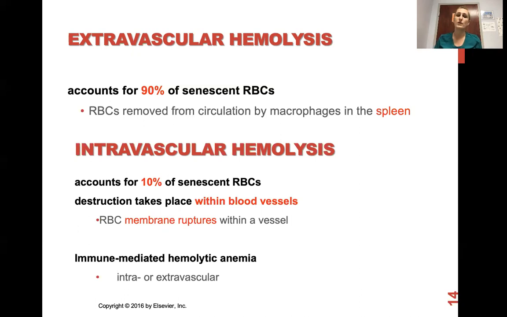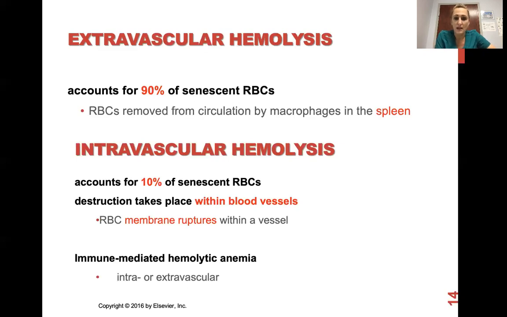I'll talk about it more in just a second, but the other thing that can happen is you can get an immune-mediated hemolytic anemia. Immune-mediated meaning that it's happening because of the immune system. The body's own immune system is attacking red blood cells, and that's hemolytic anemia. So that ends up being anemic, or having a lower number of red blood cells in circulation, because the immune system is causing this hemolysis.